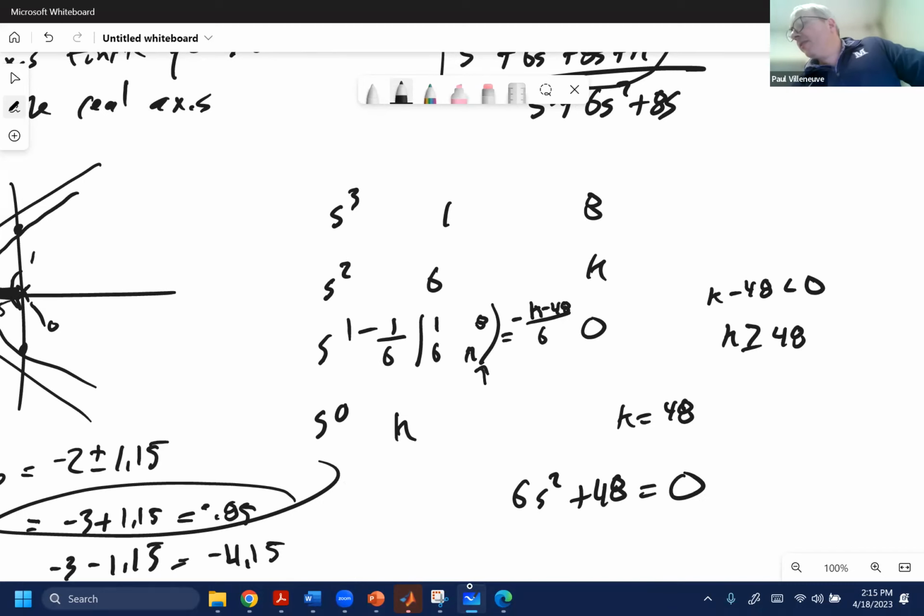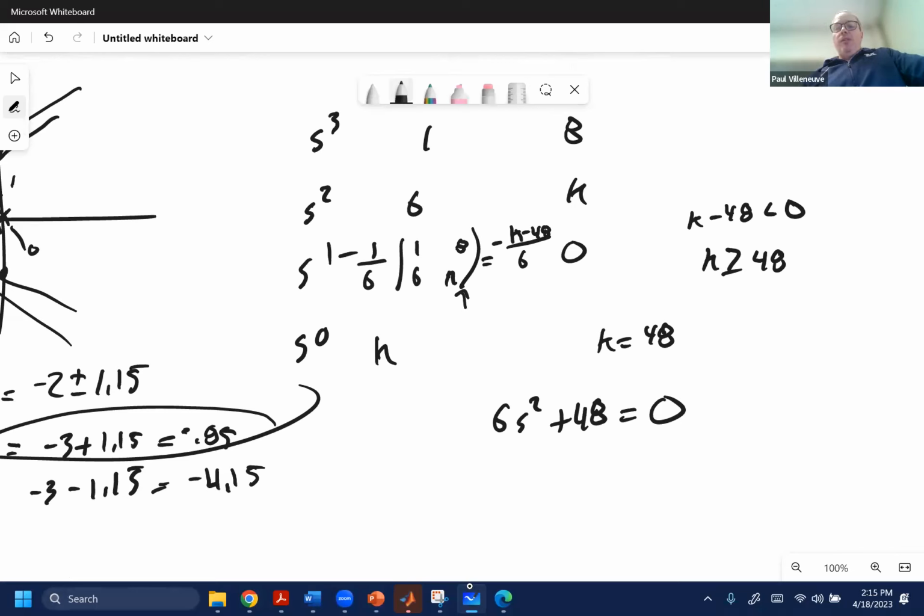equals 0, right? Tell me if I'm going too fast. That's a row of zeros. Remember, I use our auxiliary equation. I set that equal to 0, and then I solve for the roots of this. So s squared is going to be equal to negative 48 over 6, which is negative 8.